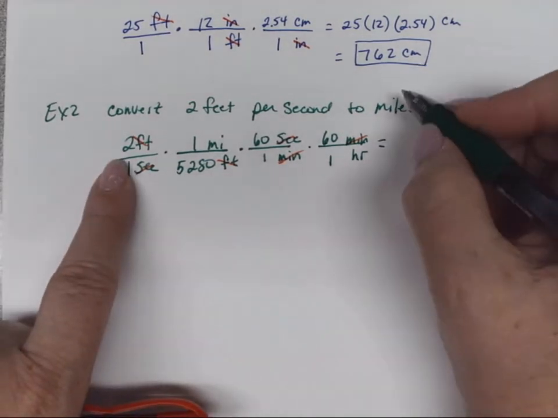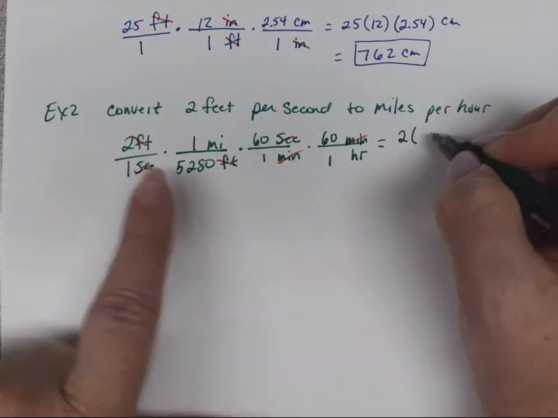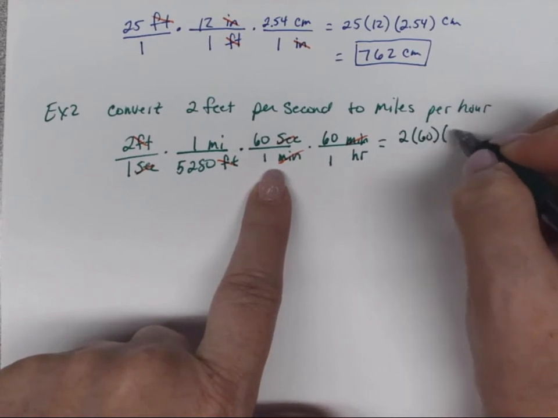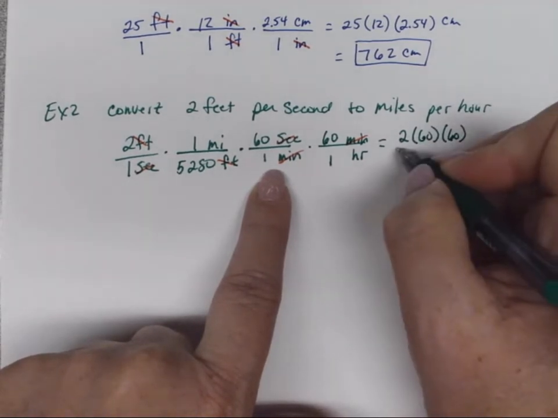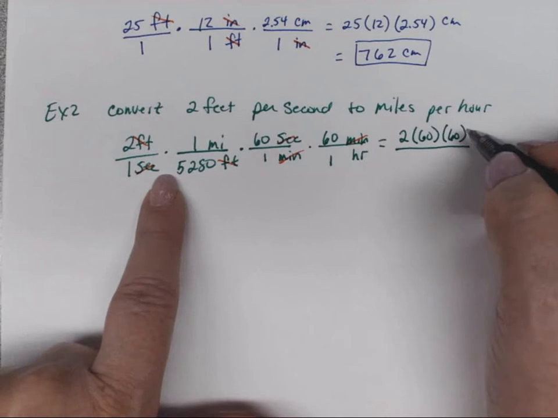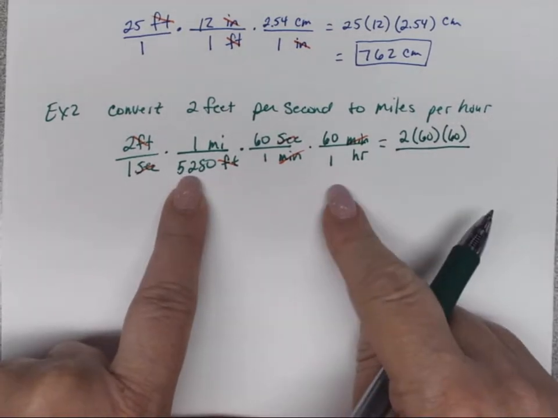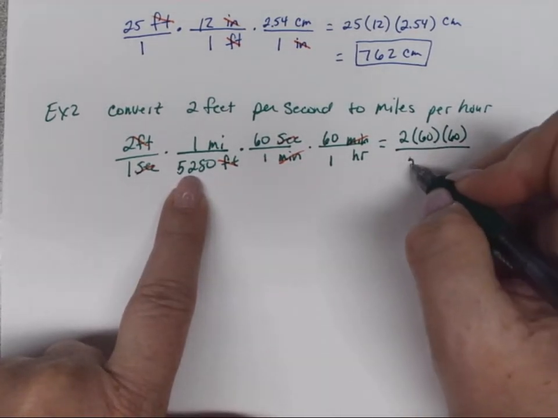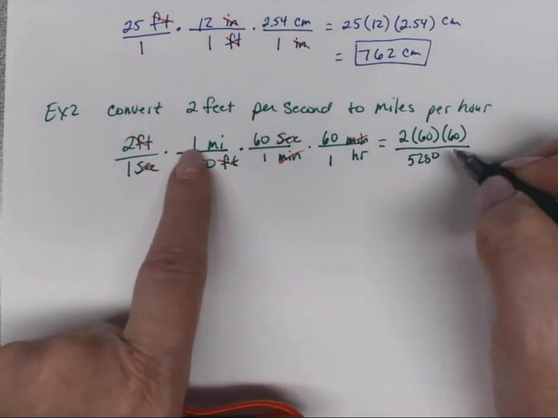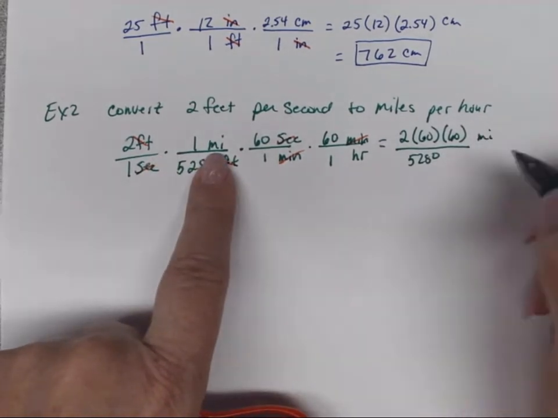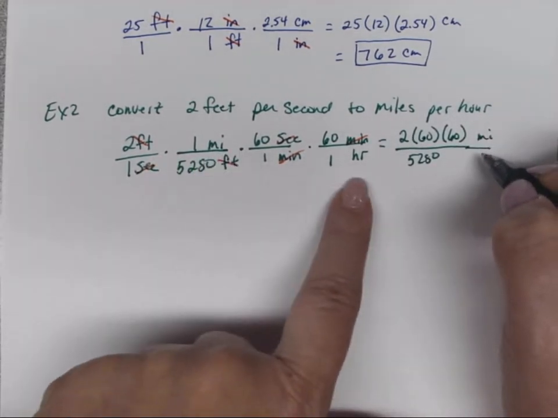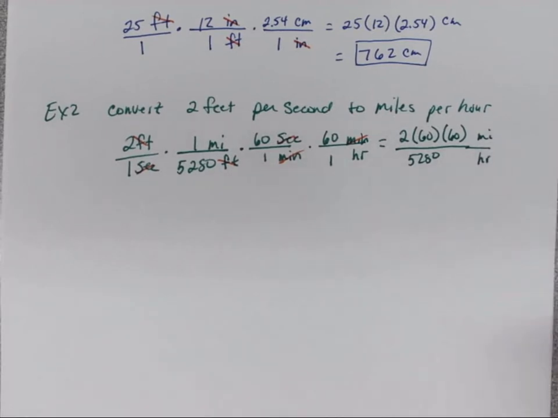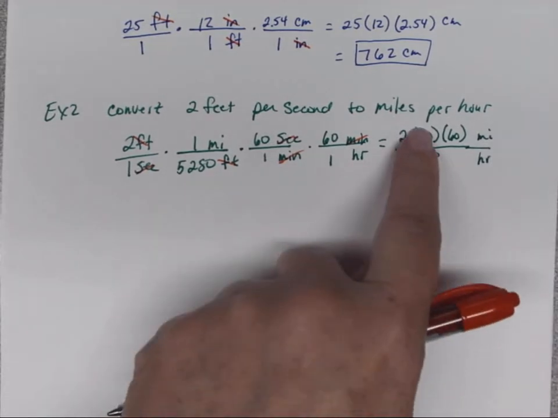So up here I have a 2 times a 60 times a 60 divided by, I don't have to put the ones because anything times 1 is 1, 5280. And on the top I have miles, and on the bottom I have hours. So everything is looking really good here.